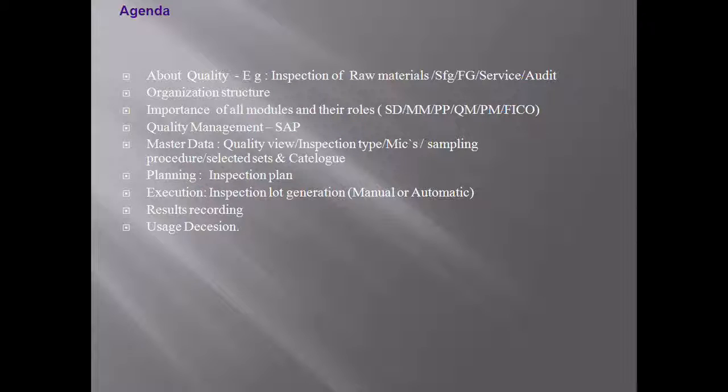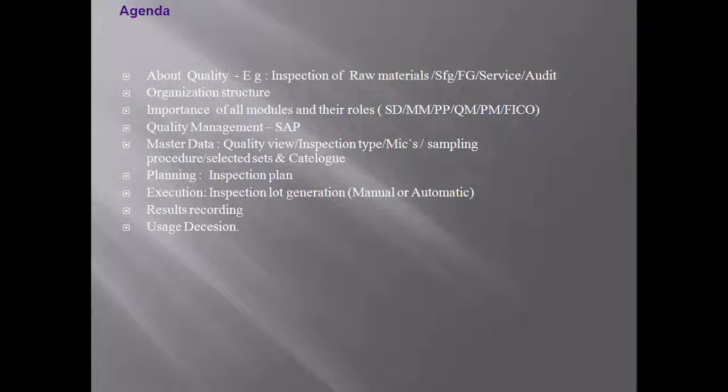Then we have to create MICs, that is master inspection characteristics. These can be quantitative or qualitative. Quantitative means measurable, qualitative means we say okay, not okay. So quantitative can be height, weight, breadth. Qualitative can be color, odor, and so on.